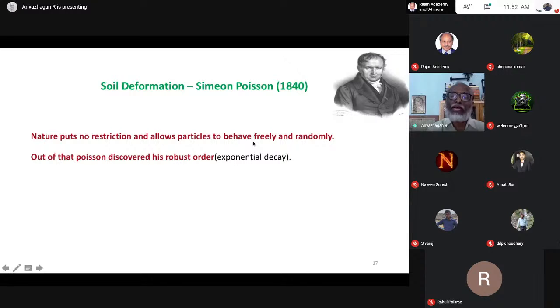Sometimes it gives you a good effect, sometimes adverse effects. Out of this randomness, Poisson discovered a robust order. In these random particle movements, Poisson found one defined order, called exponential decay. He found this term, exponential decay, describing how it will be moving.